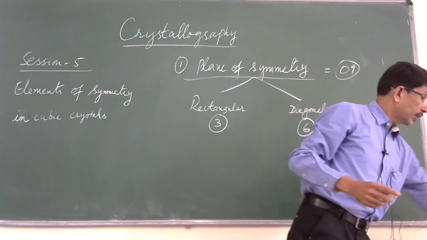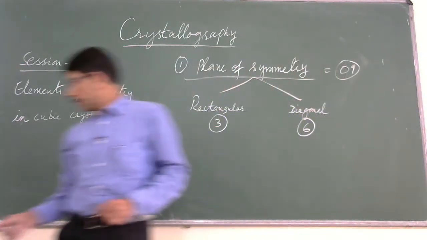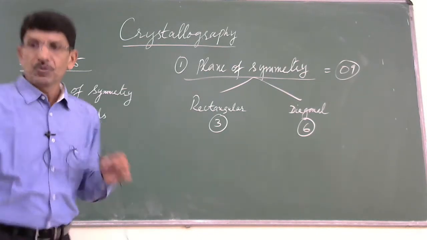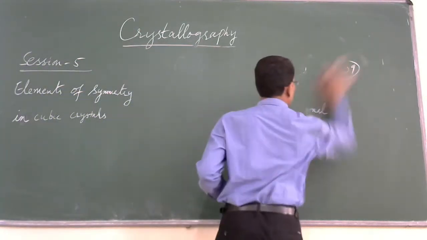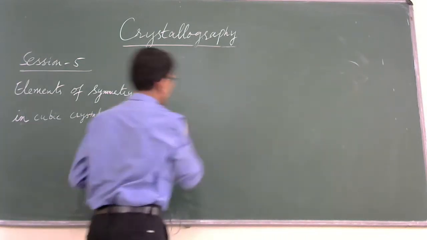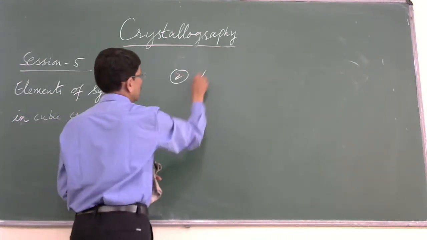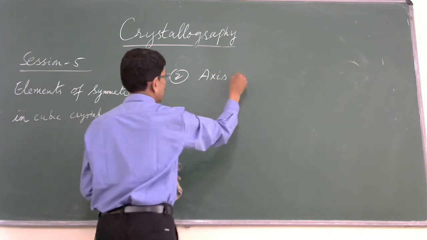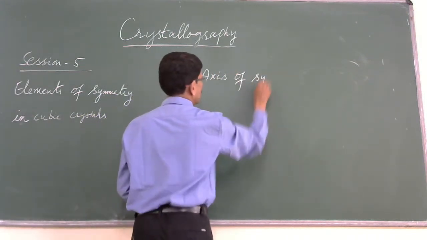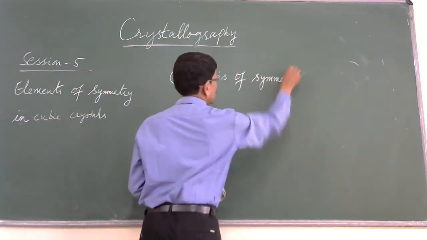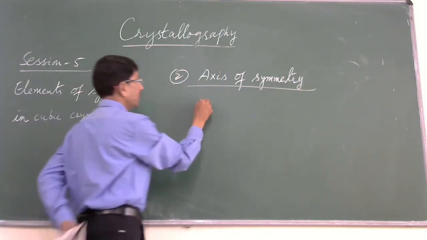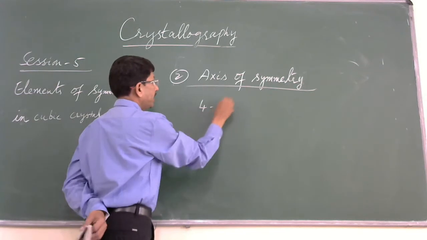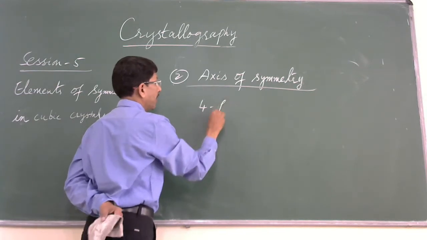Now let us look at the axis of symmetry. And in cubic crystals, there will be only 3 axes of symmetry.